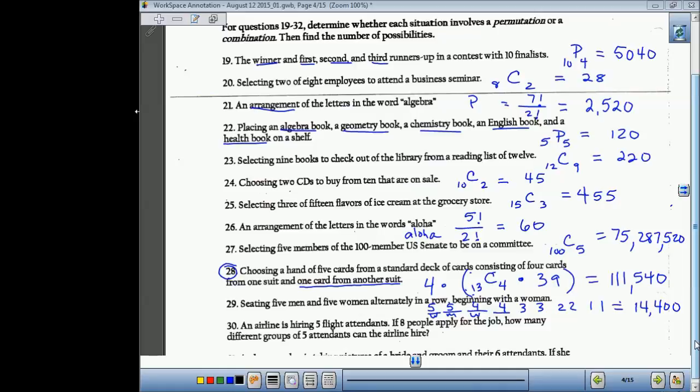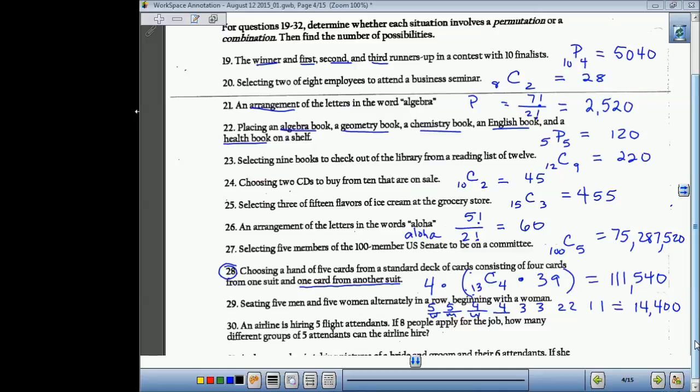28. Now, yesterday we talked about the lottery, and today we're talking about playing cards. We're just talking about gambling all over the place, aren't we? Well, this is just choosing a hand of cards. We're not really gambling. But you have to know about a deck of cards. A deck of cards contains 52 cards. Those cards are divided up into 4 suits: diamonds, hearts, clubs, and spades.